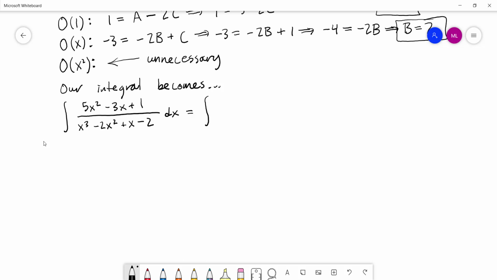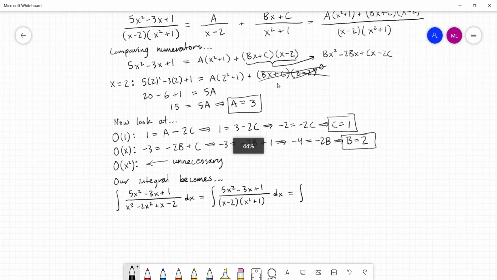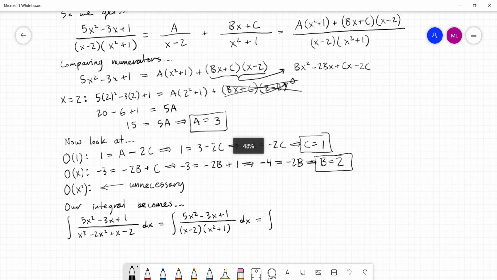You don't need to write all these steps when you're doing this on an exam or on homework. I'm just trying to be sort of a completist here and not skip anything so people don't get lost. So the next thing we did was factor the denominator, which gave us x minus 2 times x squared plus 1 dx. And now we've finally solved for a, b, and c to get the integral of our first term. Let me zoom out just enough so we can see all of this on one line.